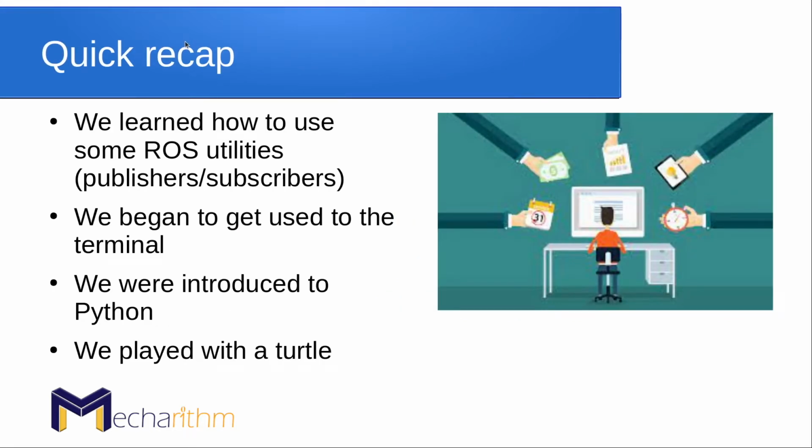So let's have a quick recap on what we did so far in this course. We learned how to use some ROS utilities such as publishers and subscribers. We created our own publisher subscriber package, and we learned our business model of teamwork, which included a number of nodes where each node is either a publisher or a subscriber, or maybe a publisher and a subscriber at the same time.